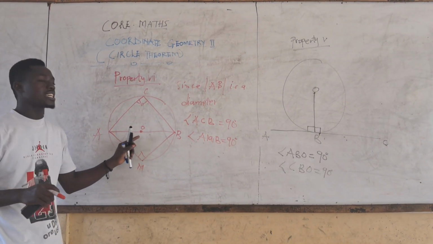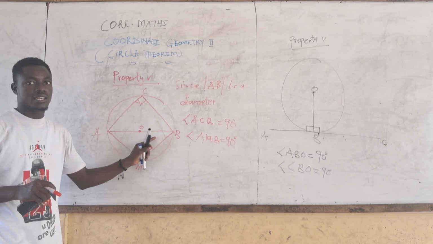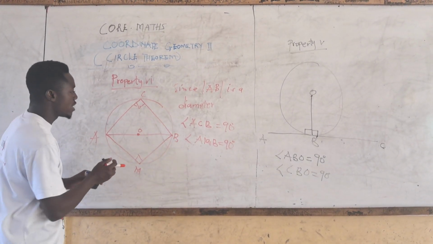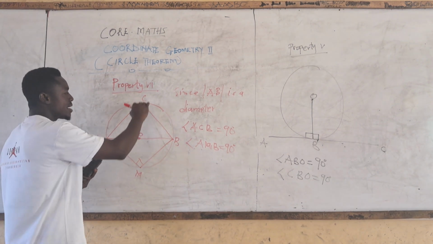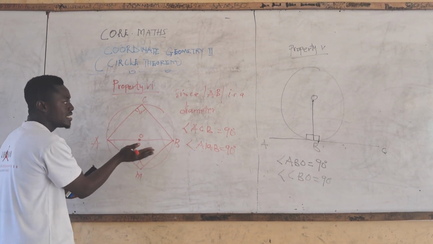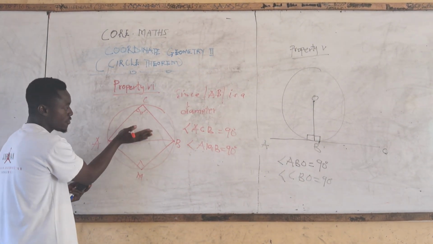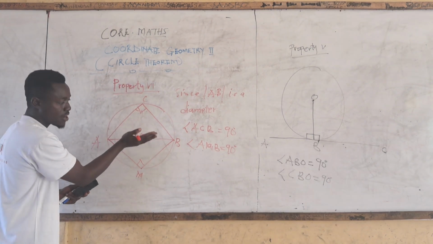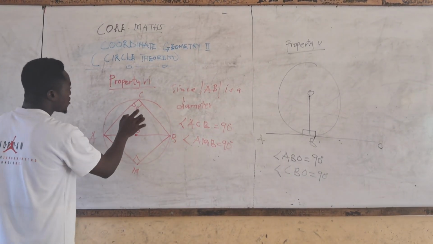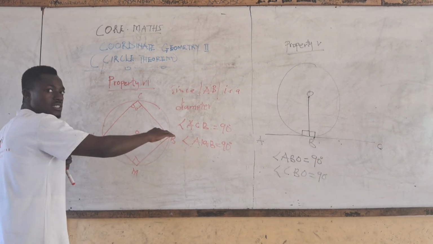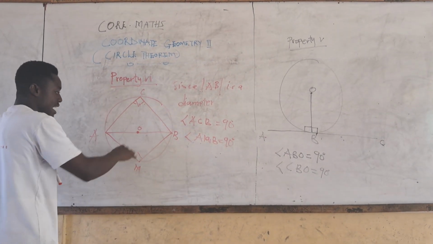And the diameter is also a special chord, meaning it's a chord, and this same chord is sustaining an angle at opposite segments. You have one segment here, you have another segment here.